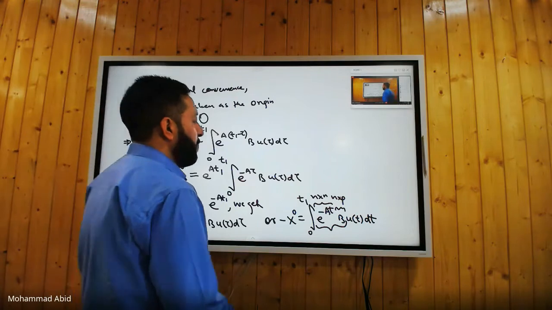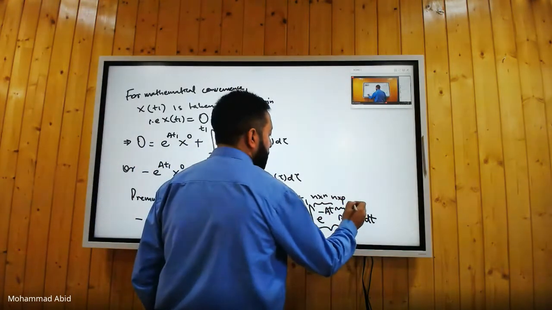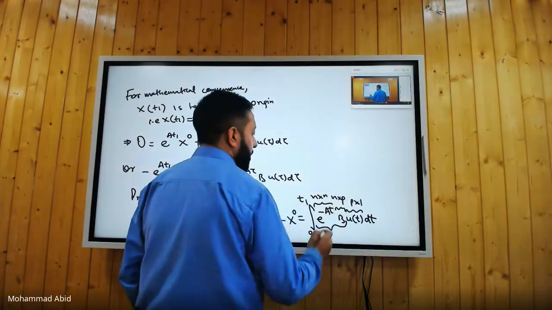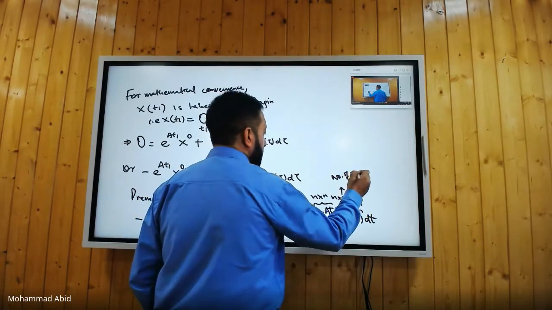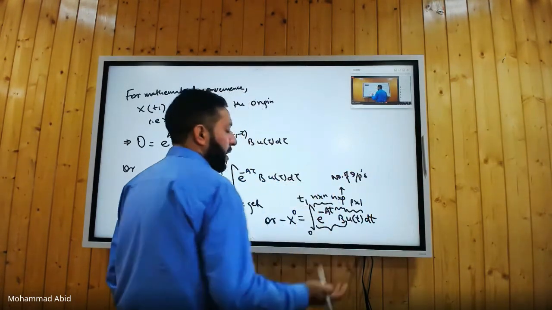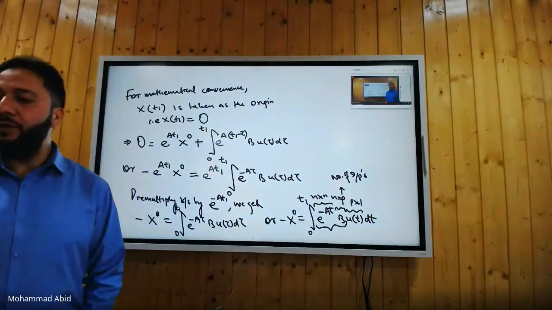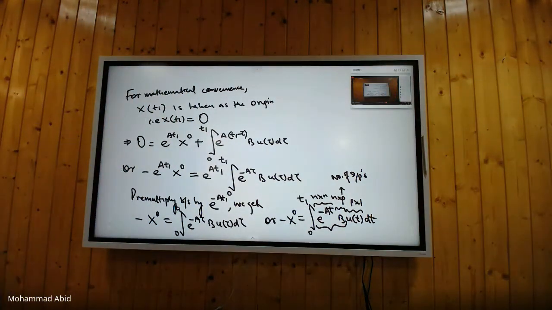Where p is the number of inputs. And in that case your u(t) will be p cross 1. Normally, because we are considering only single input, single output systems, p is normally taken equal to 1. Are you getting me?